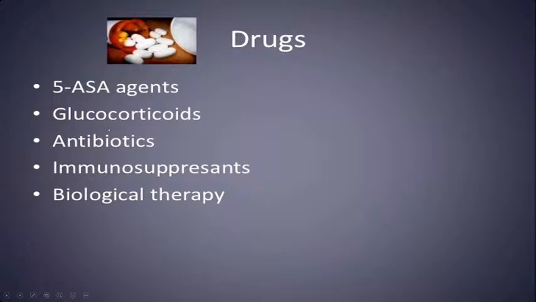Glucocorticoids in the acute phase, antibiotics to reduce the risk of opportunistic and secondary infection, and immunosuppressants. There are now designer drugs that are immunomodulators, not really immunosuppressants, that are in the current market to manage particularly ulcerative colitis and Crohn's disease.